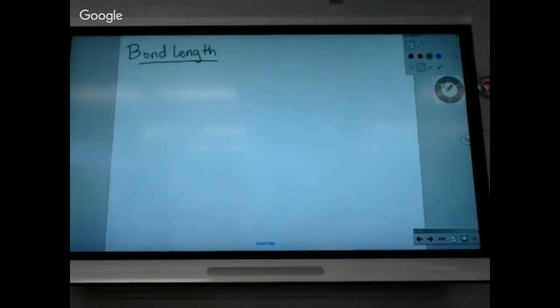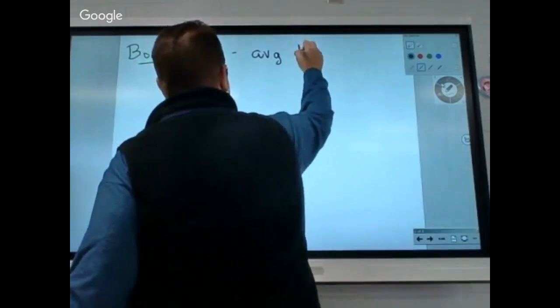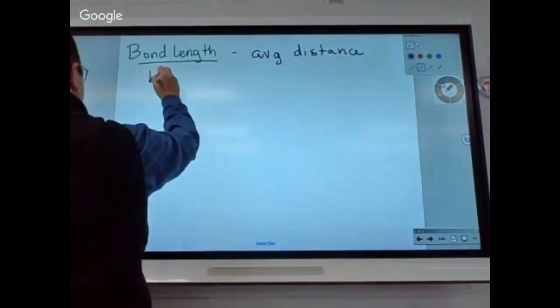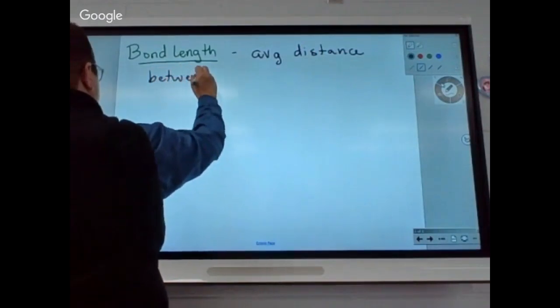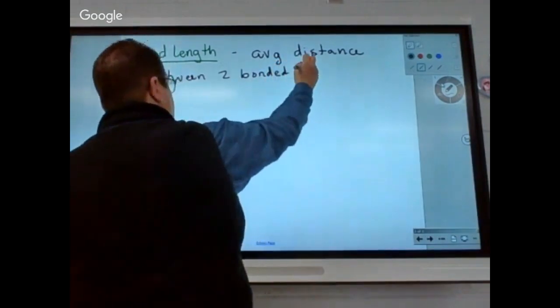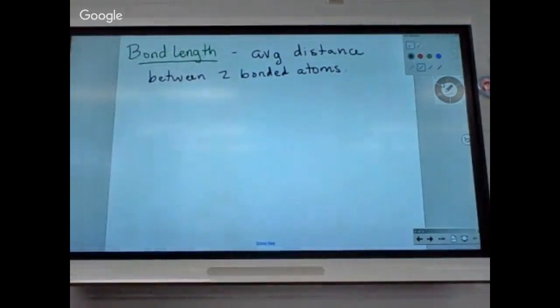All right, so bond length. Now, when I ask this, people always go, it's the length of a bond. No, it's not. It's the average distance between 2 bonded atoms. Now, why is it the average distance?